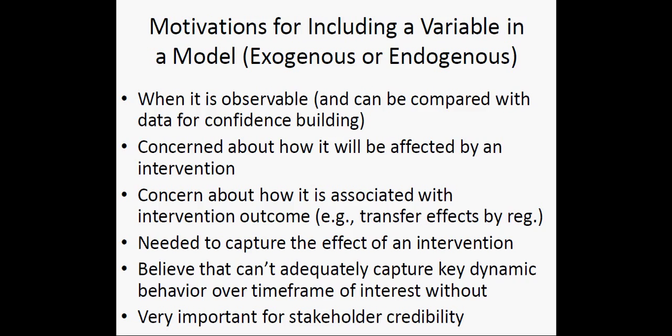In other cases, the issue is not so much that it serves as a mediator for the intervention, but that it's affected by the intervention. If we're concerned about transfer effects, that a given intervention might privilege or benefit certain groups and disadvantage other groups, we may want a certain factor within the model that will capture that effect.